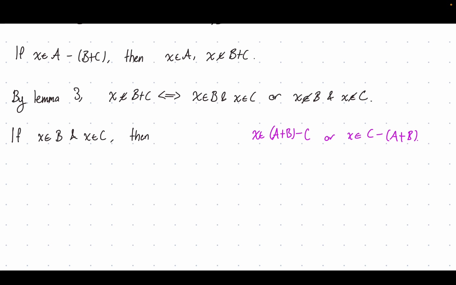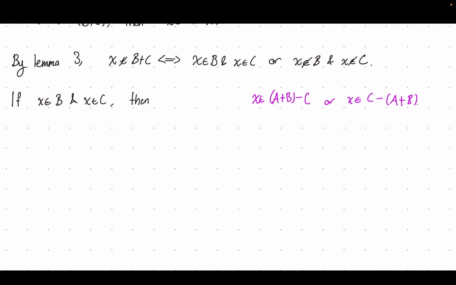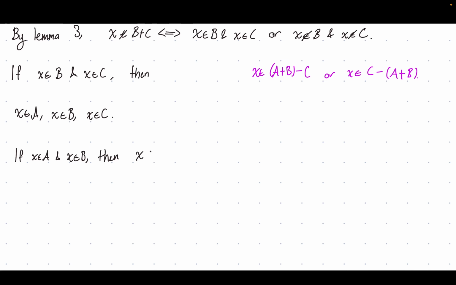Okay, then x is going to be in A, x is in B, x is in C, just reiterating. So if x is in A and x is in B, then x is not in A plus B by lemma 3.